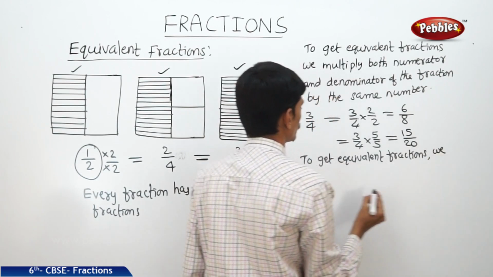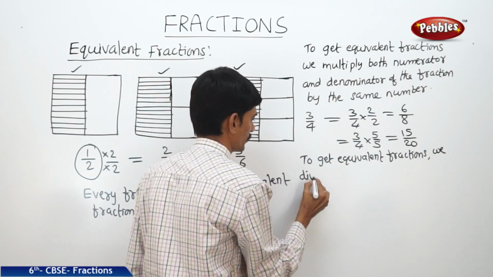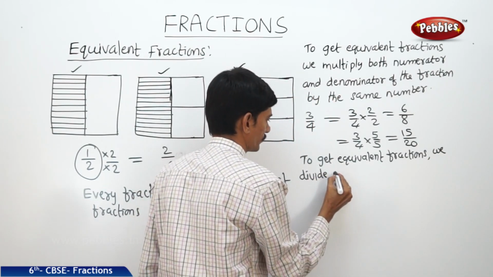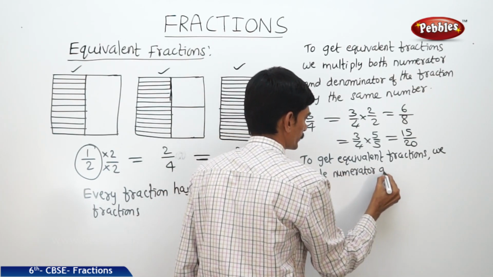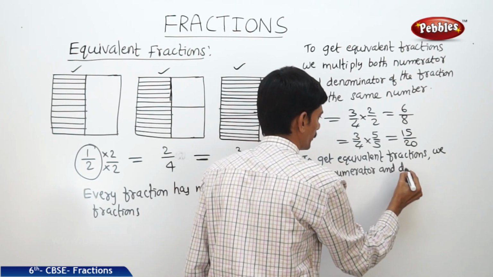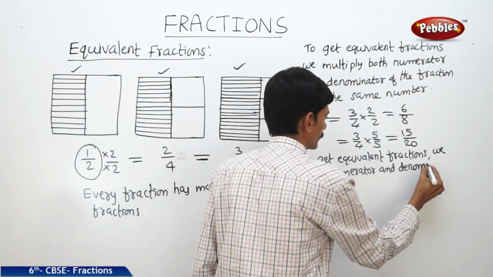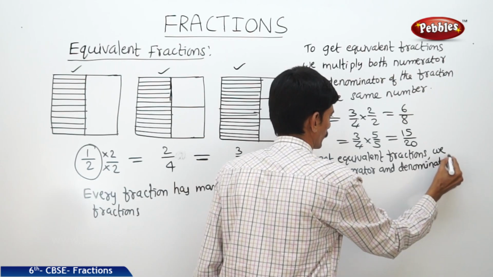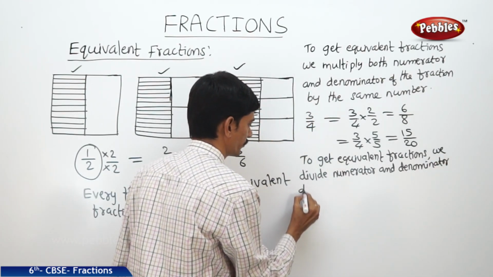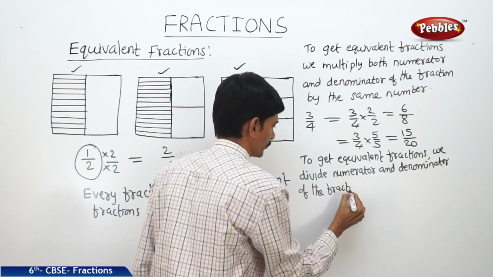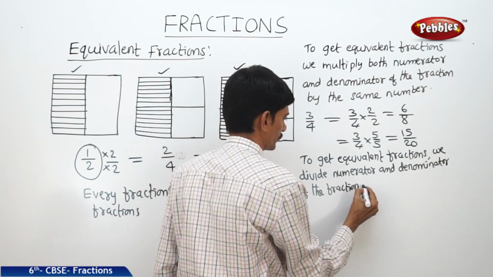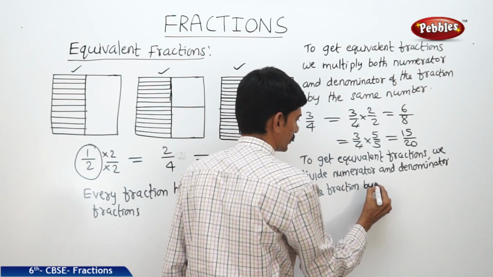So we divide the numerator and the denominator of the fraction by the same number.